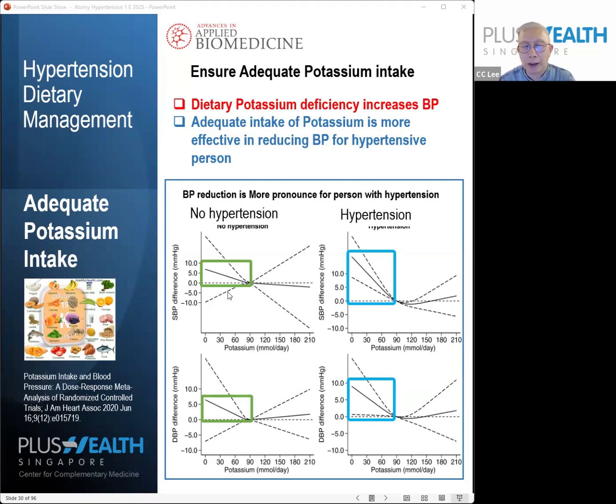So you can see that if you are eating less than the optimal 90 mmol per day of potassium, this is measured in the blood, of course, I'm not talking about the amount you're eating. So if you are eating less than the nominal expected amount of potassium in your diet itself, then you are likely to have an increase in your blood pressure. This chart shows that when you have less potassium, the blood pressure goes up very significantly.